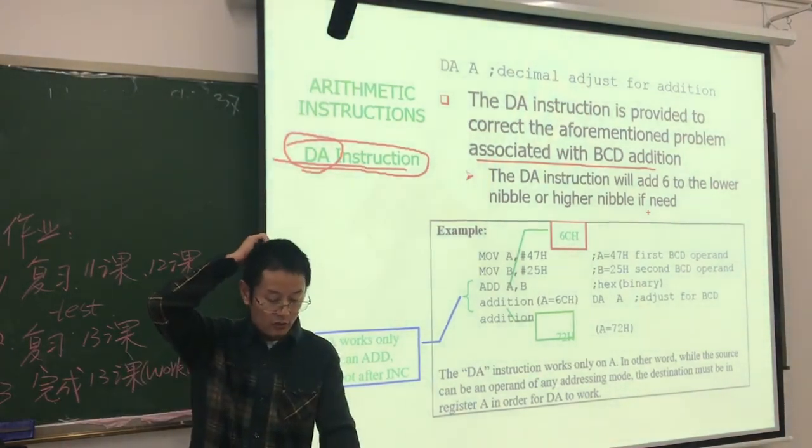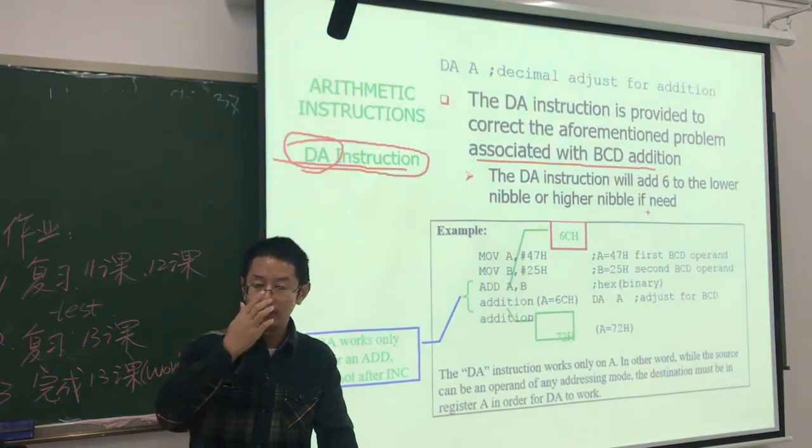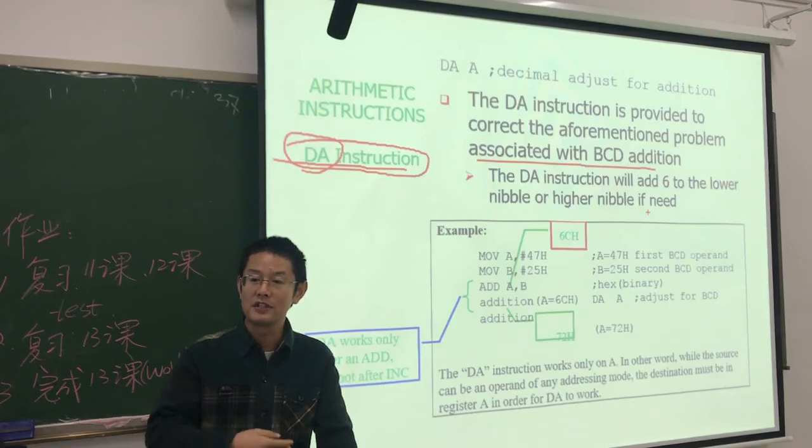Normally, if we use the DA instruction on a number, it will convert it to BCD code.